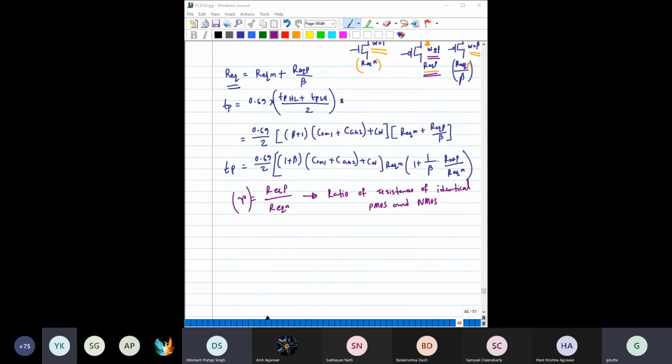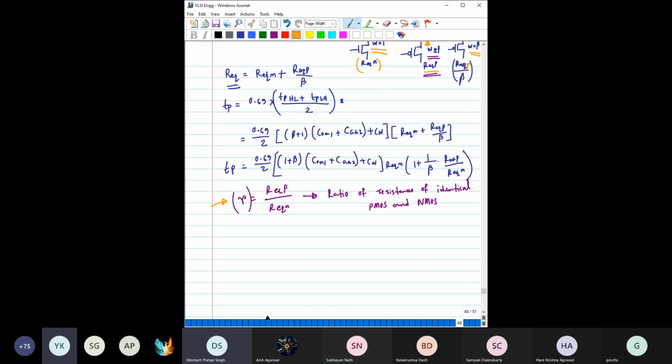Then from this discussion, can you please tell me what is this R? If you have understood this part, then you should also be able to tell me what this R is.